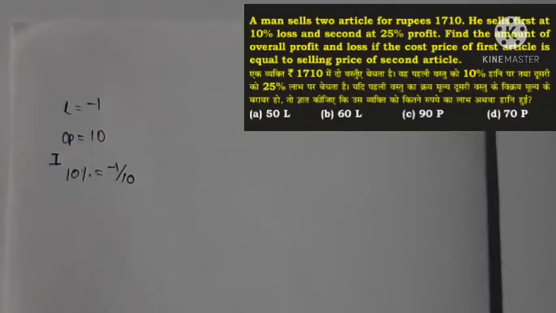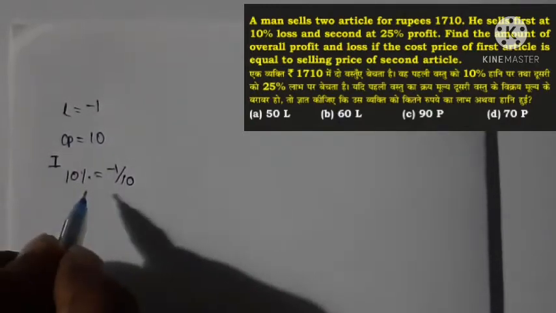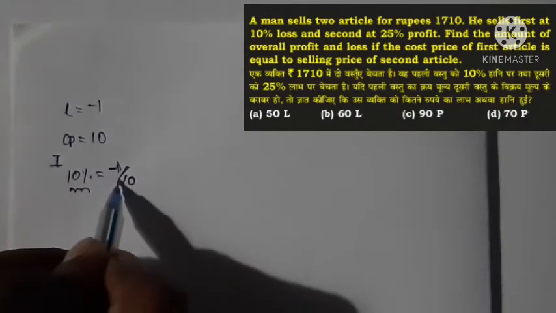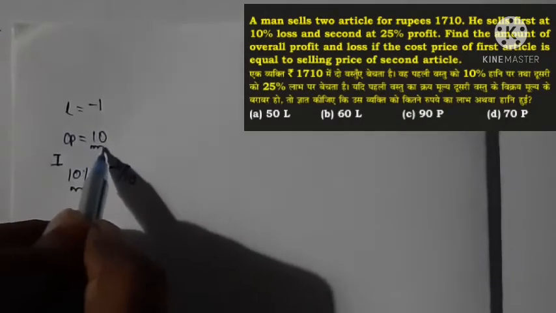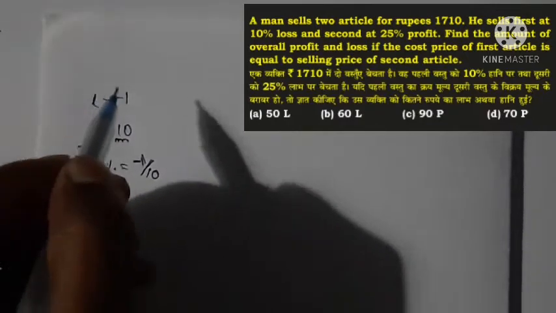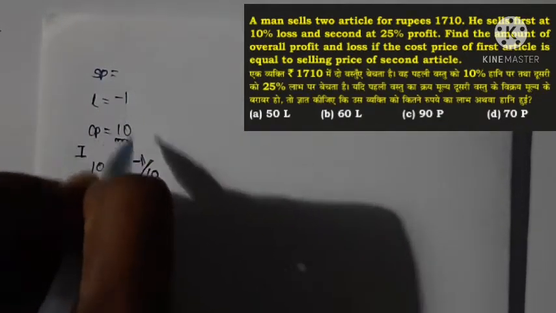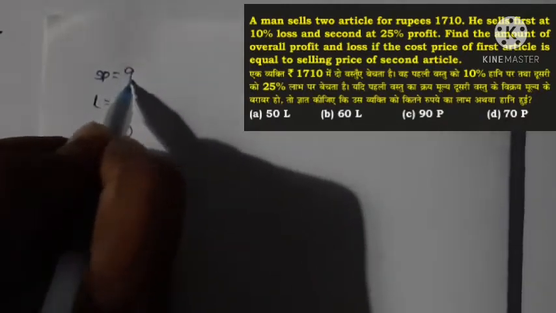So he sells the first article at 10% loss. So 10% is equal to 1 by 10. So the cost price is 10, the loss is minus 1, and the selling price is 10 minus 1, 9.